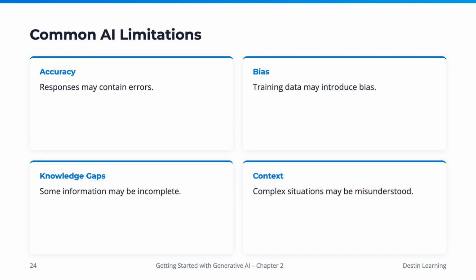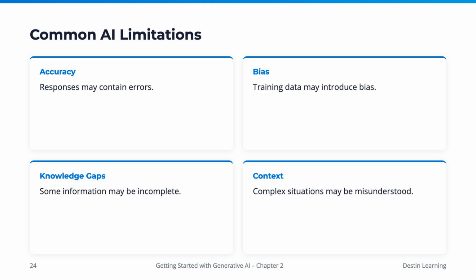Let's delve into some of the common AI limitations you should be aware of. ACCURACY is a significant concern, as AI responses may contain errors or factual inaccuracies, requiring careful verification. BIAS can also be present.